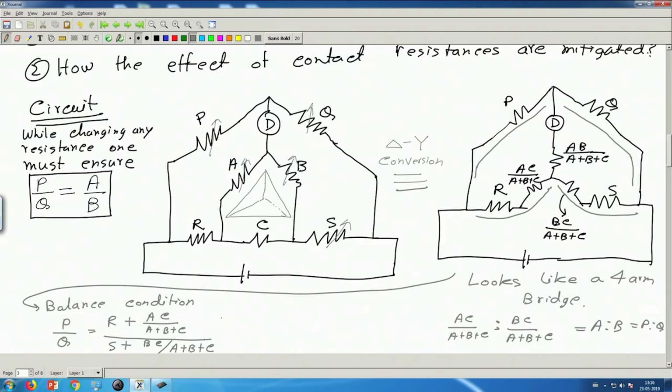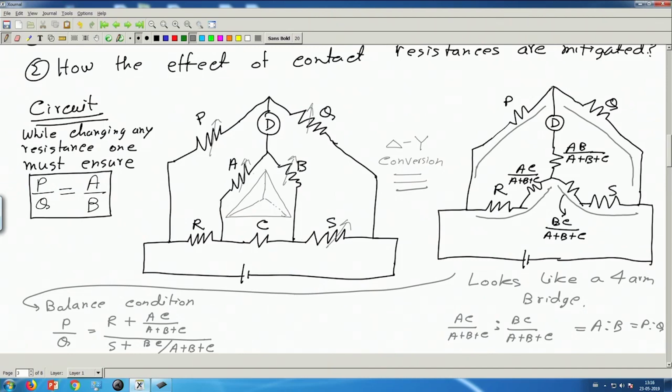Okay. So in a sense, this is the second bridge. This is why it's called a double bridge. It has one bridge like this Wheatstone bridge and another second bridge which is dividing.